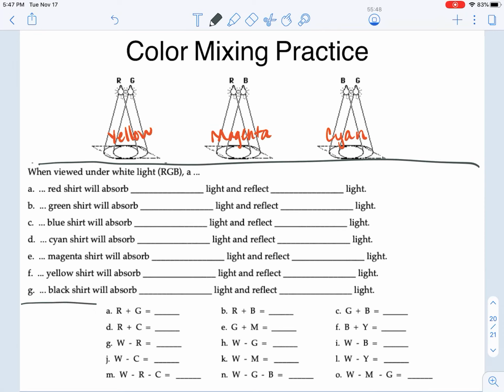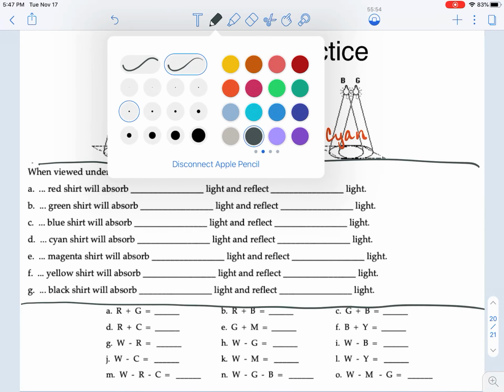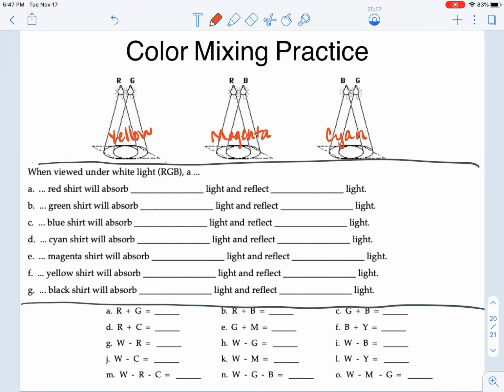Here in this next section, we want you to tell us what is being absorbed and what is being reflected. So I want you to recognize that we're going to answer these using red, green, and blue for right now, just so that we can get comfortable with making those interpretations.